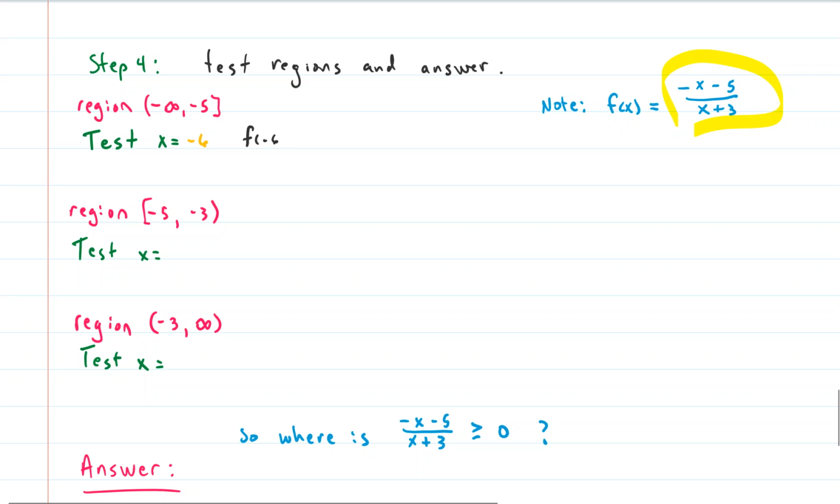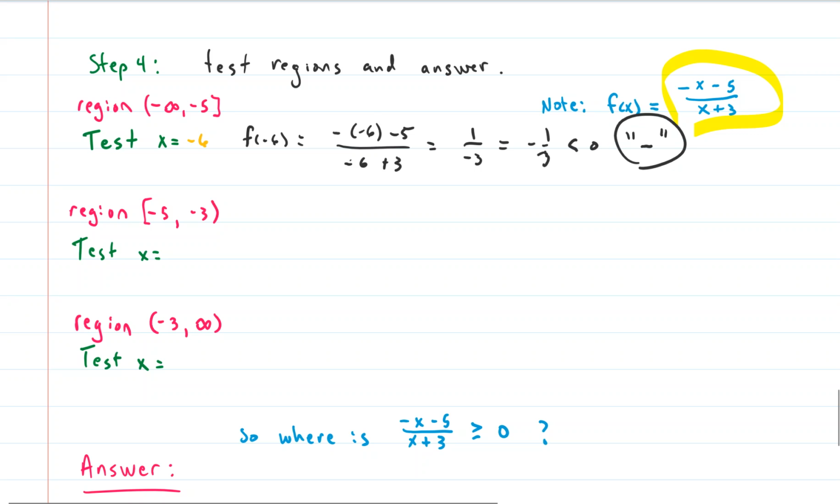So what is f of -6? That gives us (-(-6) - 5)/(-6 + 3). A negative and a negative in the numerator give us a positive, so positive 6 minus 5 gives us positive 1, and then -3. So this is -1/3. So this is a negative region, right? That's less than 0. Good to know.